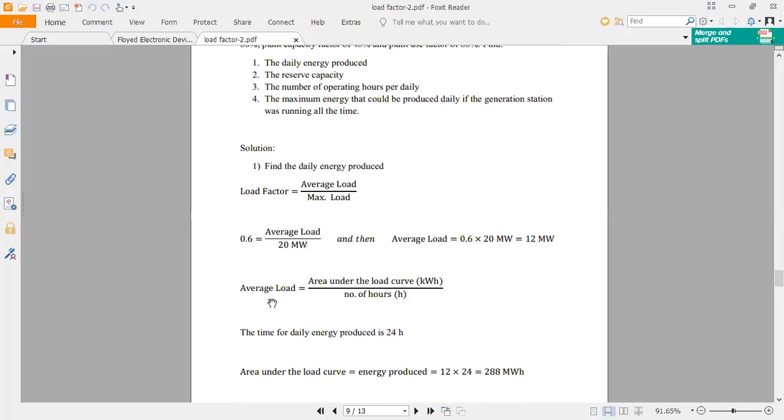Now, average load equals the area under the load curve in kilowatt hour divided by the number of hours. The time of the daily energy utilization is 24 hours.